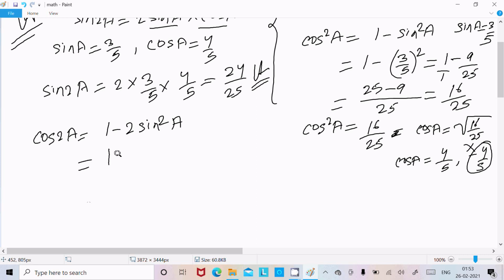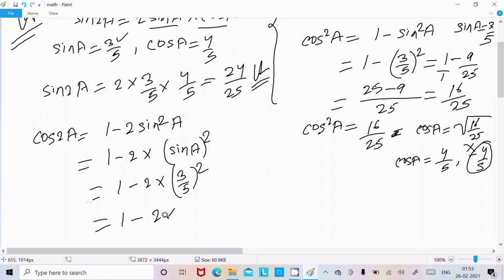So if I use 1 minus 2 sin square A, so here we can also write sin A whole square. So 1 minus 2 into sin A, the value of sin A 3 by 5, 3 by 5 whole square.